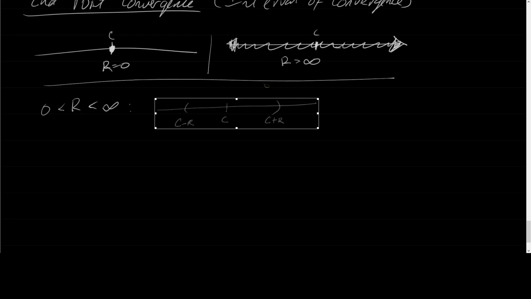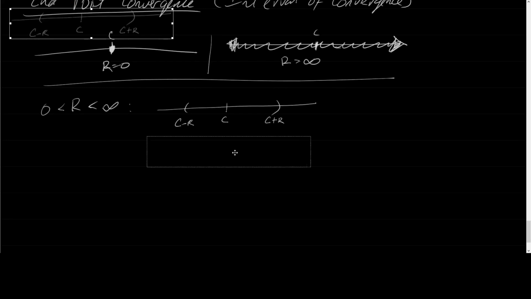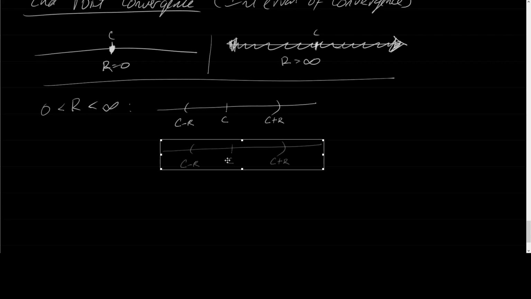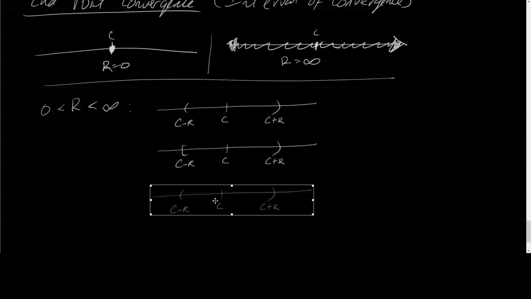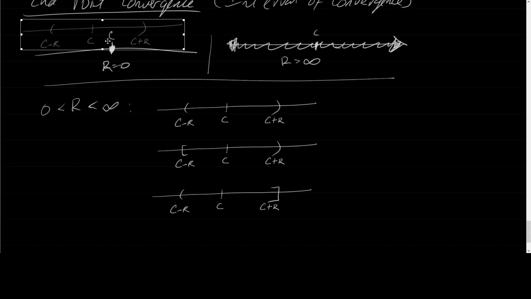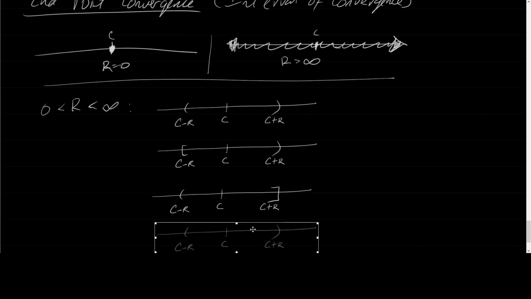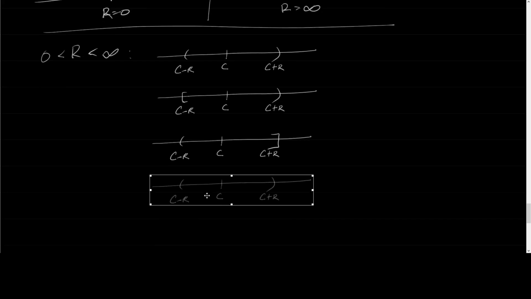Next scenario. Maybe it converges for everything on the inside, but also at one endpoint. Next scenario. It converges on everything on the inside, but also at the other endpoint. And last scenario, it converges on everything on the inside, but also at both endpoints.